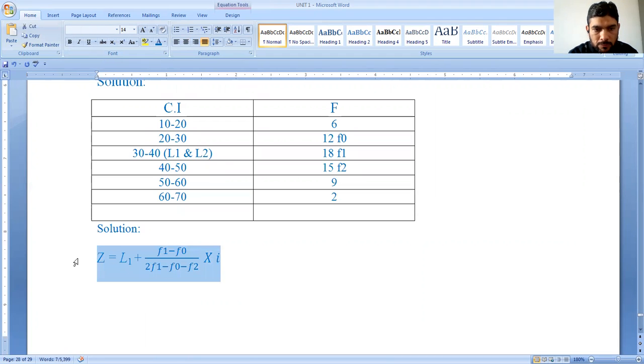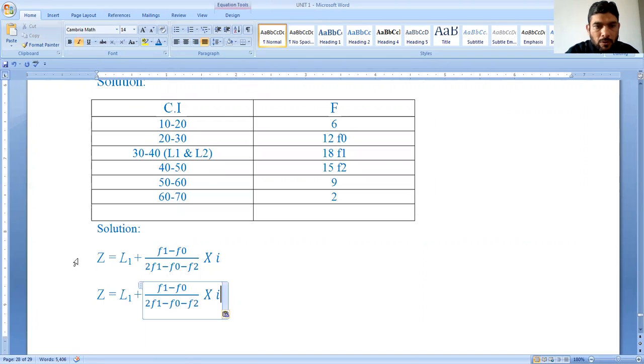This is the formula. L1 we have is 30, so we will put 30 over here.